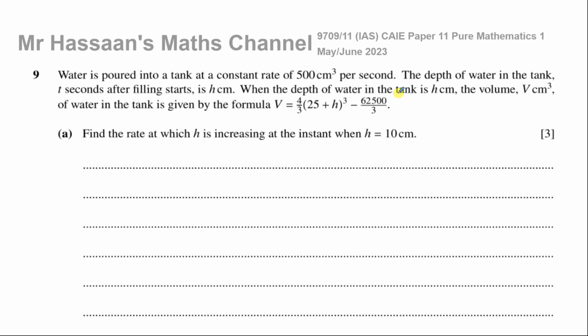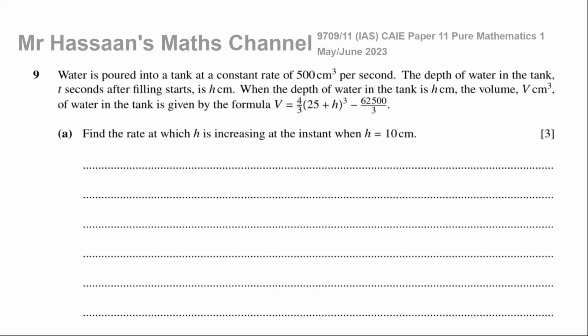When the depth of water in the tank is h centimeters, the volume V centimeters cubed of water in the tank is given by the formula V equals 4/3 times (25 plus h) cubed minus 62,500/3. A bit of a strange formula, but anyway, it says find the rate at which h is increasing at the instant when h equals 10 centimeters.